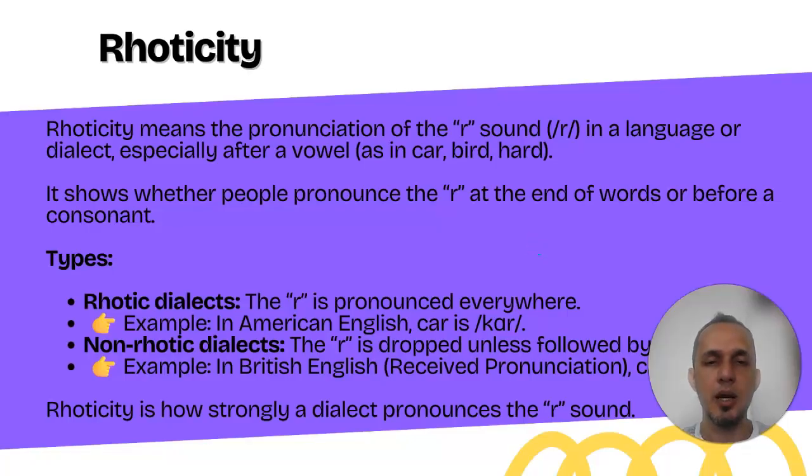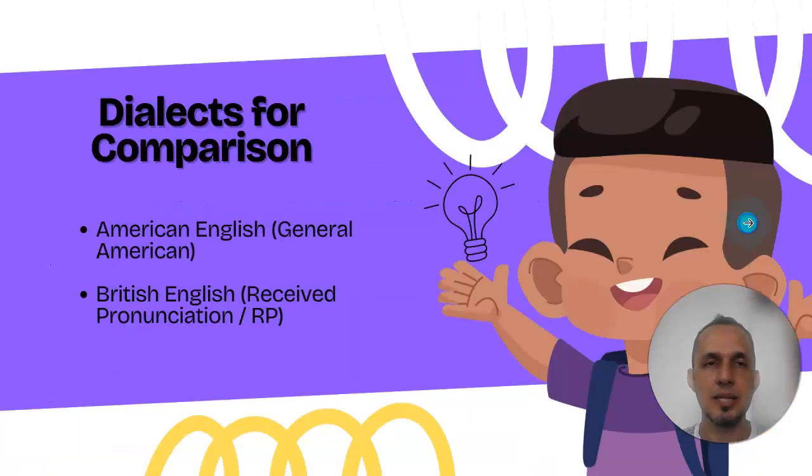Example, in American English, car is "car." And the second one, non-rhotic dialects, the R is dropped unless followed by a vowel. Example, in British English received pronunciation, car is "cah." Rhoticity is how strongly a dialect pronounces the R sound.